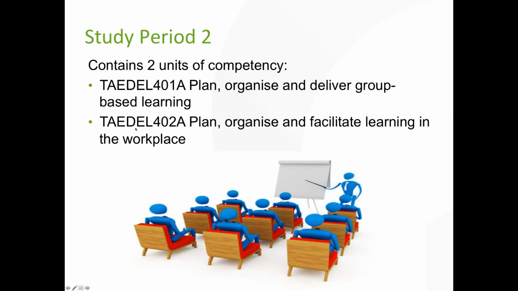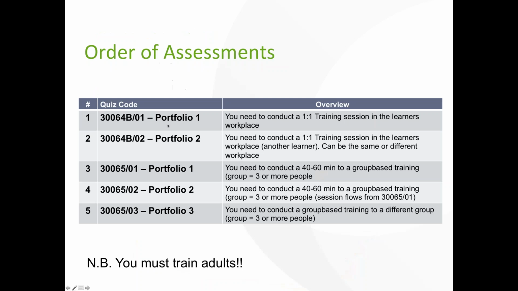As I mentioned, Study Period 2 actually contains 2 units of competency. So we're learning about group-based learning and also facilitating learning in the workplace. To give you a bit of context into the assessments that are required in this study period, there are actually 5 assessments. 2 of them are for workplace learning.